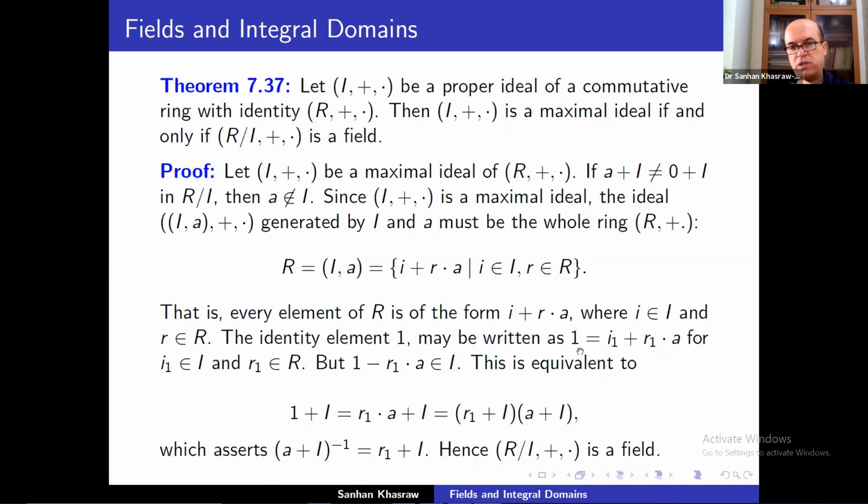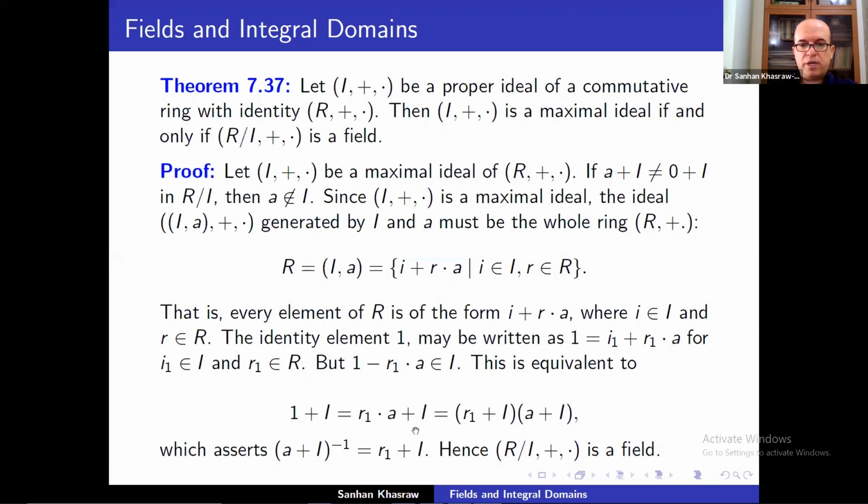So I state here, 1 is equal to I sub 1 plus R sub 1 dot A, for suitable elements in I and R. From this equation, one can see that 1 minus R1 dot A is equal to I1, and as we know, I1 is in I, so this element is in I. This is equivalent to the theorem in group theory that says if A is in H, then A star H equals H. So then 1 plus I equals R1 dot A plus I.